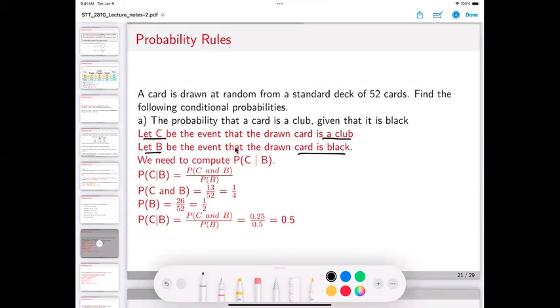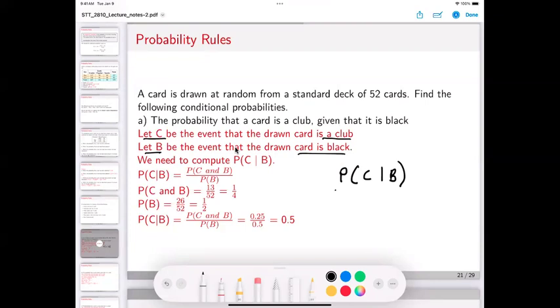And then the question is the probability that the card is a club given that it is black. So it's very important that you know how to write the question in the conditional probability form.